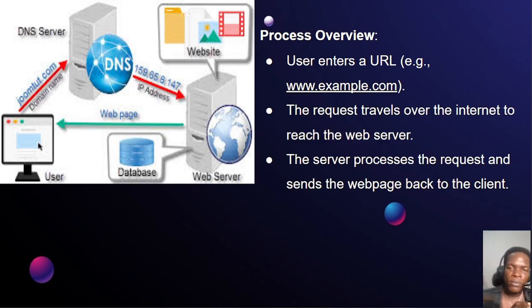So we have the main hosting, your IP address of where your website is being kept, and you have a domain name that is linked to that place, so that it will be easy for you to access that particular website.